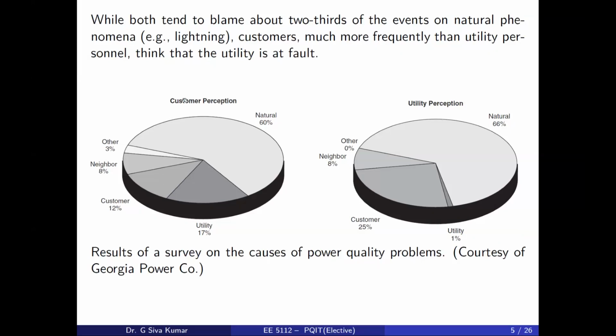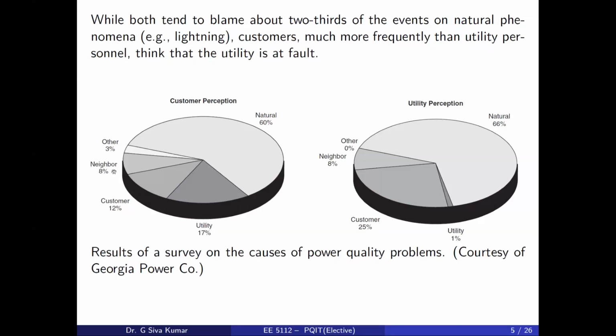In the customer perception, the customer is creating around 12% of the issues, whereas the utility is creating 17% of the power quality issues. The neighbor is creating about 8%. Apart from the customers and the utilities, the neighbor means maybe when you have an interconnected system.